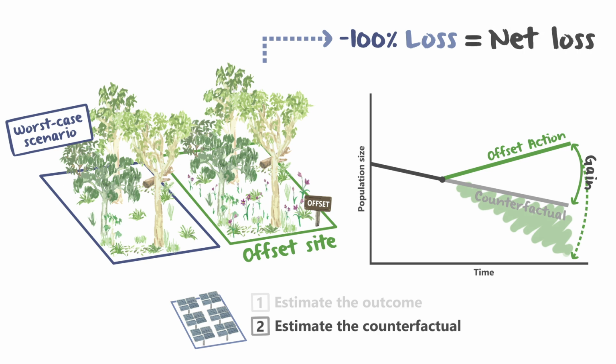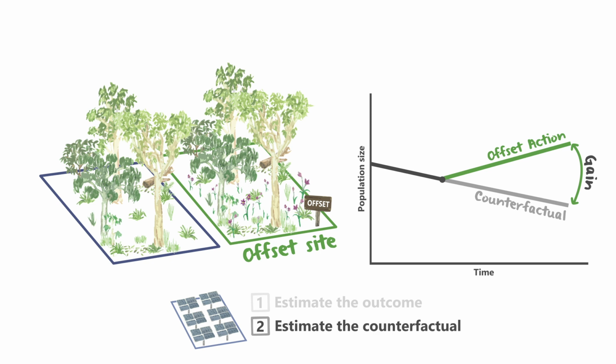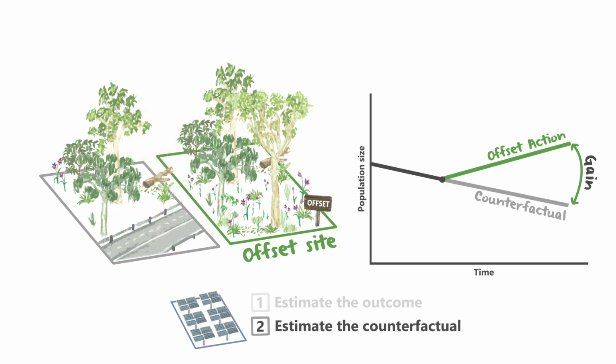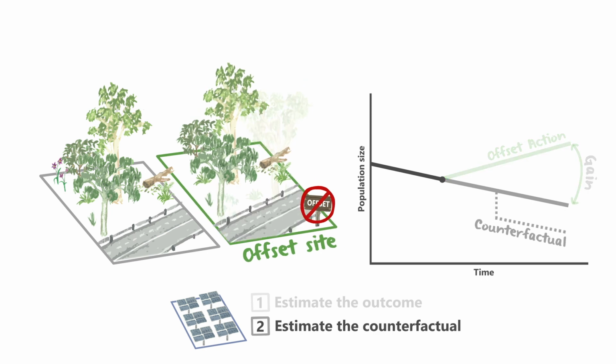Another important factor to consider is that the counterfactual scenario should not include declines or losses caused by actions that, if those actions occurred, they would themselves trigger a requirement for an offset. So, if other similar sites where our plant occurs are being impacted by road development, this might make us think that if we didn't protect and manage our offset site, there is, for example, a 50% chance that over the next 10 years our site would be lost for road development.